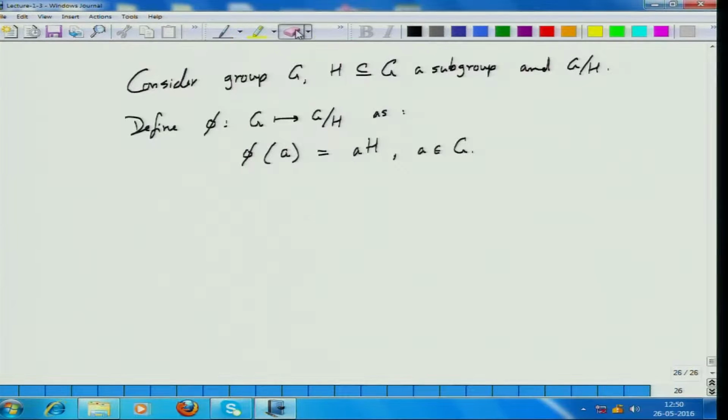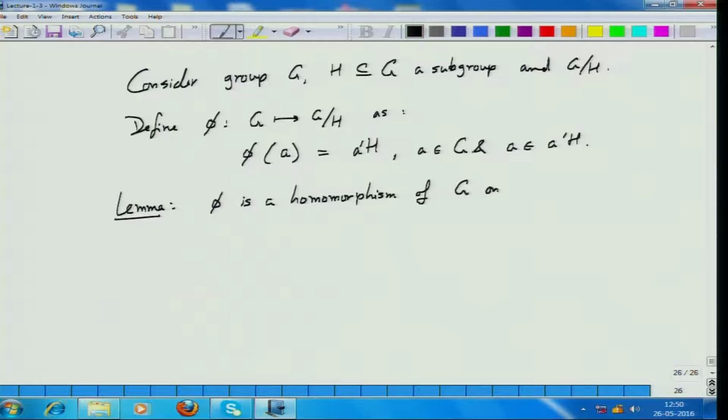Or actually AH may not exist as a name, so I should make it a little more precise: phi of A is A prime H, where A is in G and A is in A prime H. So, this map is actually a homomorphism of G onto G slash H.